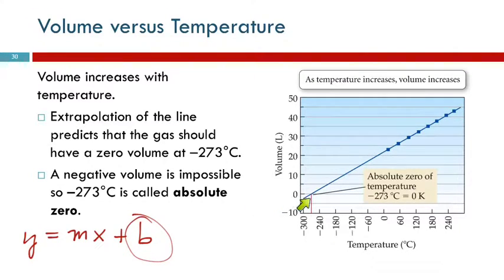So we would like this graph to have a 0 intercept. And so the way we achieve that is by changing the temperature scale. This is where the Kelvin scale came from. This idea, this concept of absolute 0, minus 273 Celsius being the coldest possible temperature. It's actually 273.15, but we'll leave that alone.